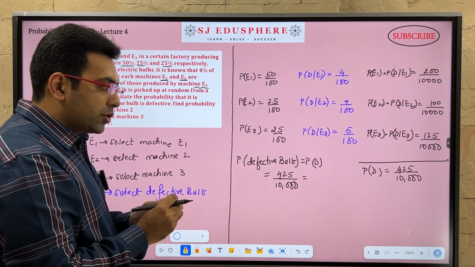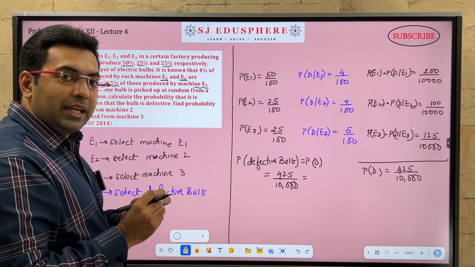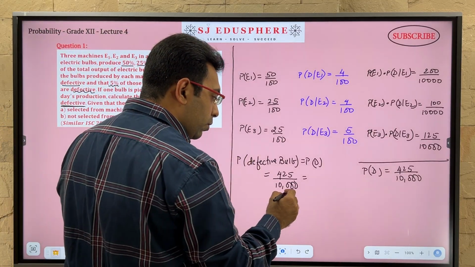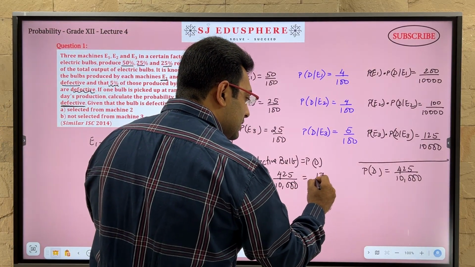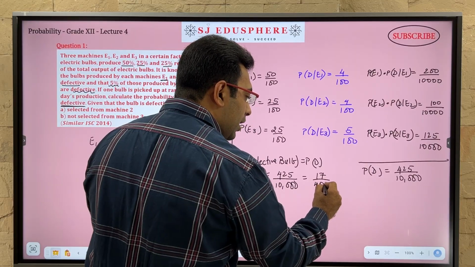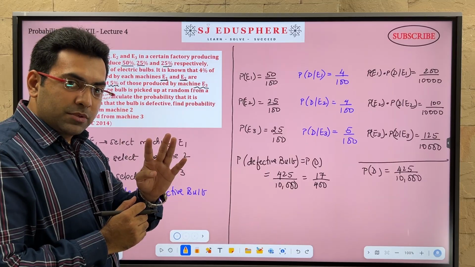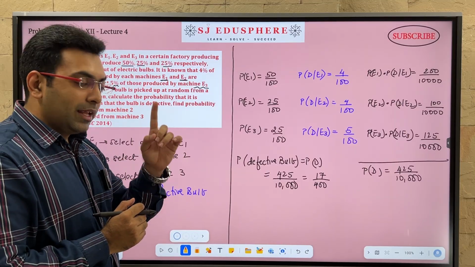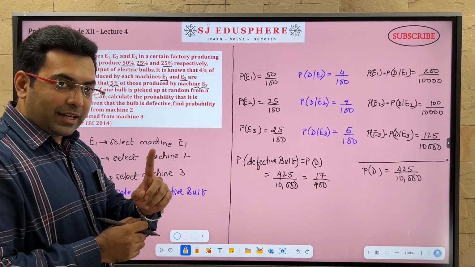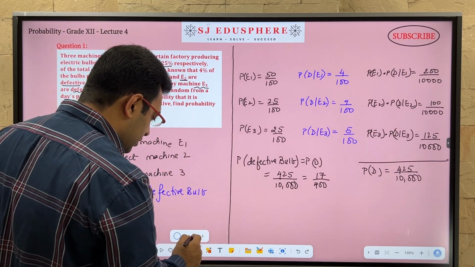You have to make sure this goes in the least fraction. That over here becomes 17 upon 400. Means what? For every 400 bulbs which your company is making, 17 are defective. We are going to come back to this.